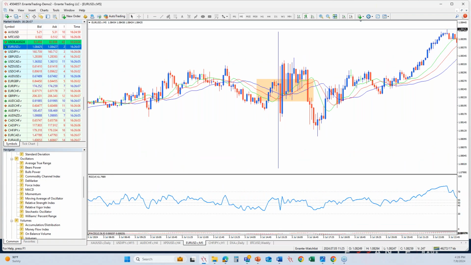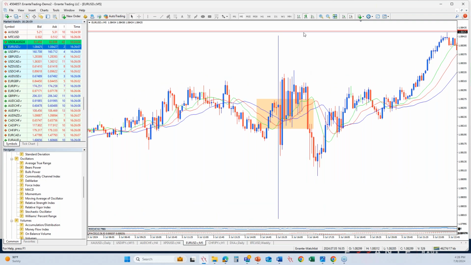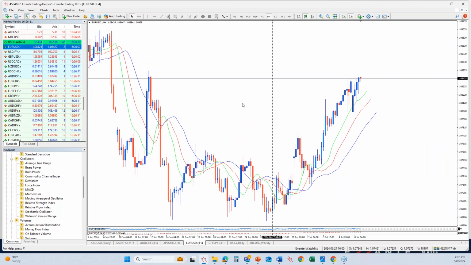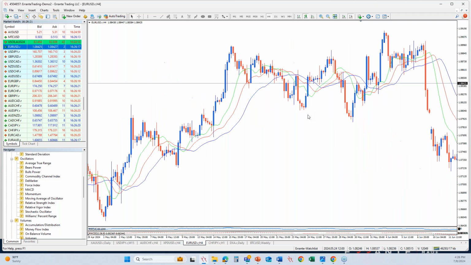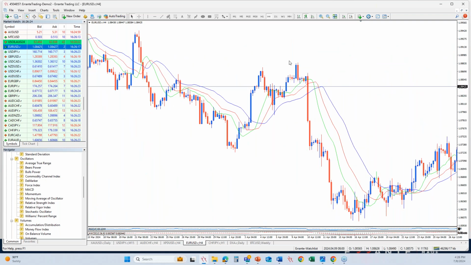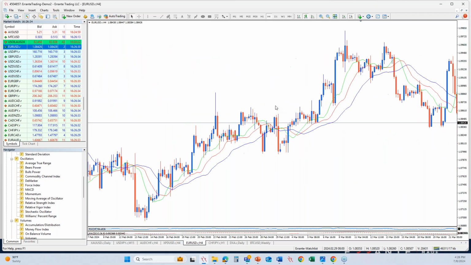You can find it more likely on higher time frames. For example, here what we see is an awake alligator. Or if we shift a bit to the past, you can see that here we have an awake alligator.